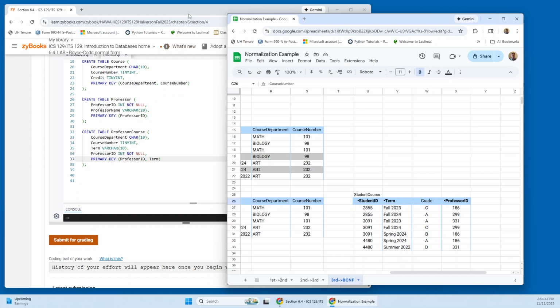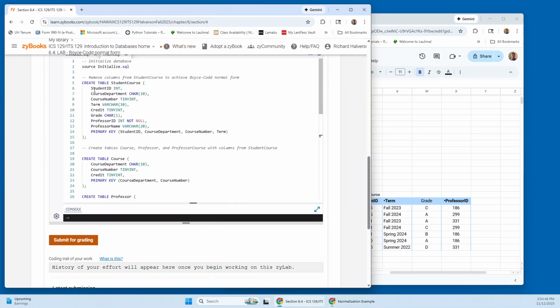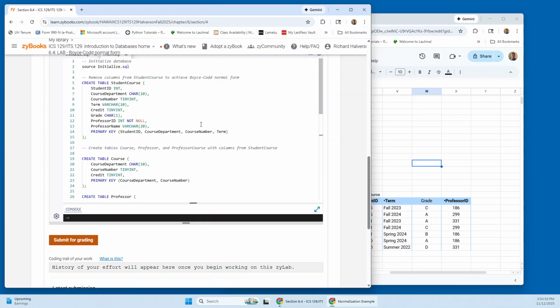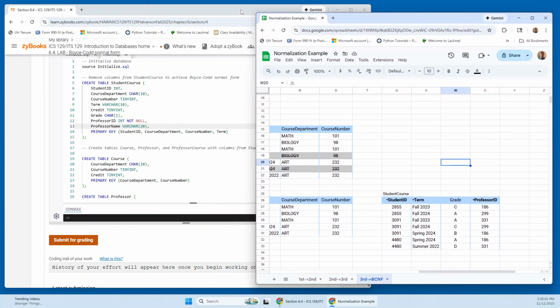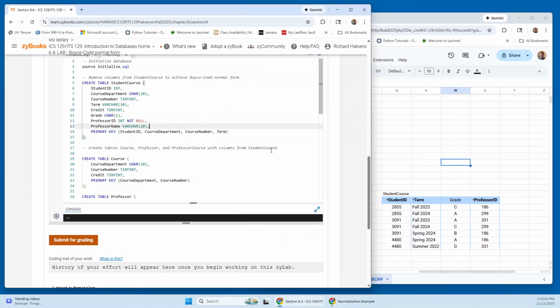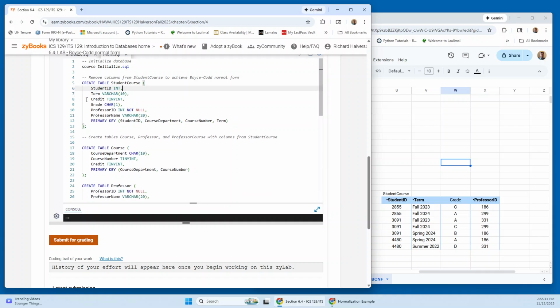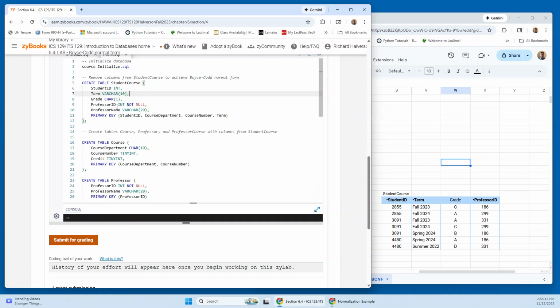So that would be, let's take this here. Am I supposed to modify Student Course? I guess I'm supposed to modify the Student Course up here. Okay, so that's going to be student ID, term, not credit, grade, definitely grade, and professor ID, but not professor name.